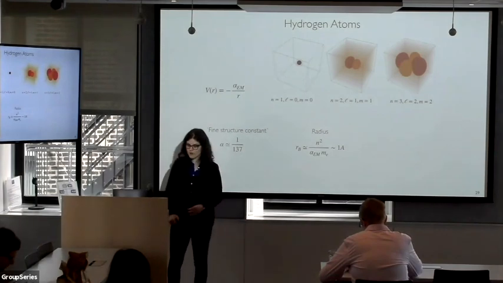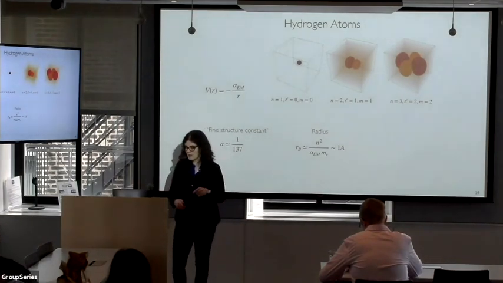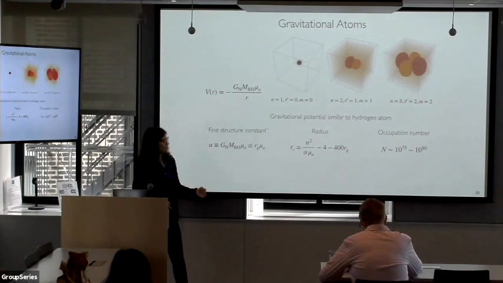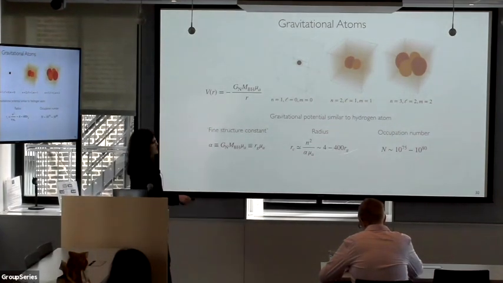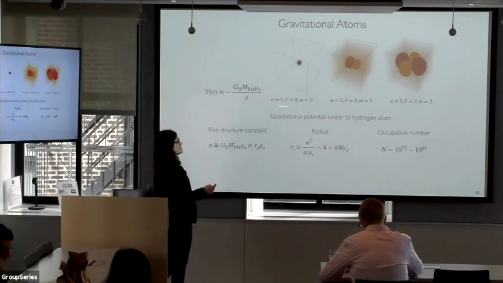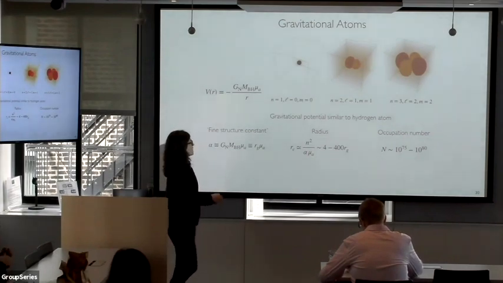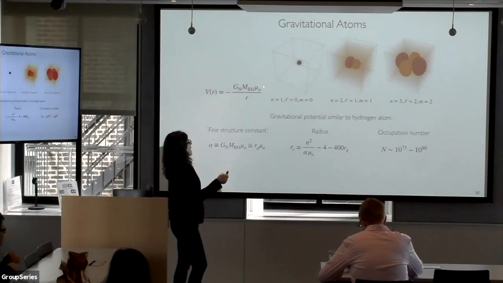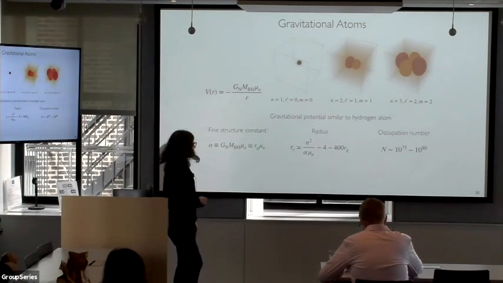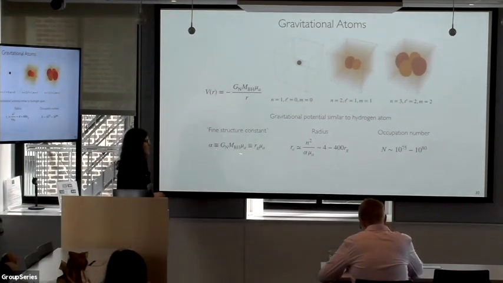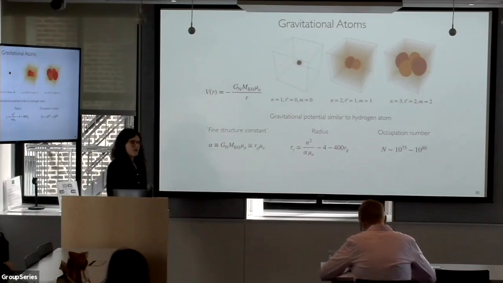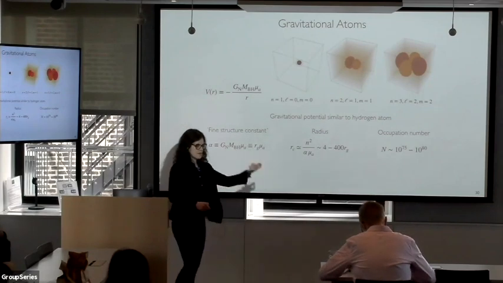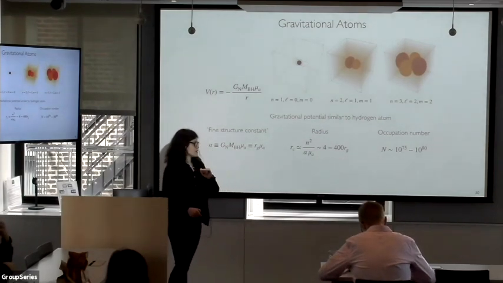For the black hole, when you're far enough away from it, the potential is also a 1 over r potential, so we can directly apply these results for the non-relativistic scalar fields like axions that are sitting around the black hole. Instead of alpha EM, which is 1 over 137, now you have the product of the black hole size times the particle mass, which you can think of as the ratio of the black hole size to the particle Compton wavelength.